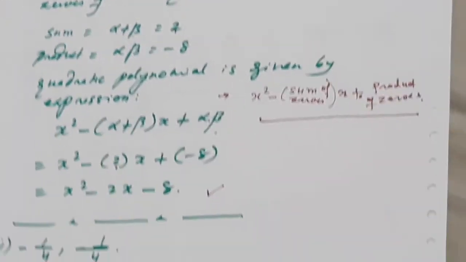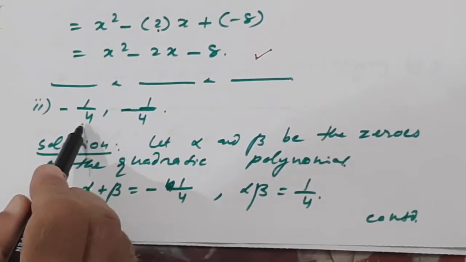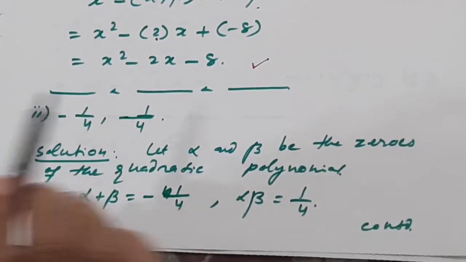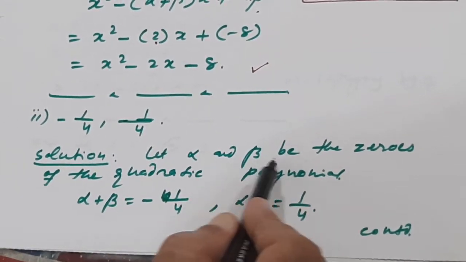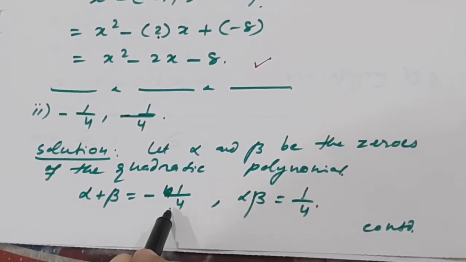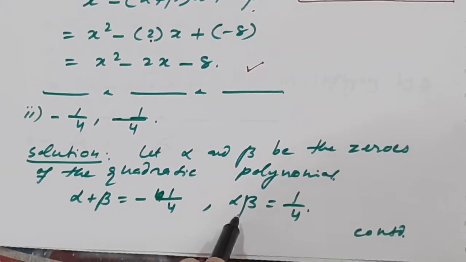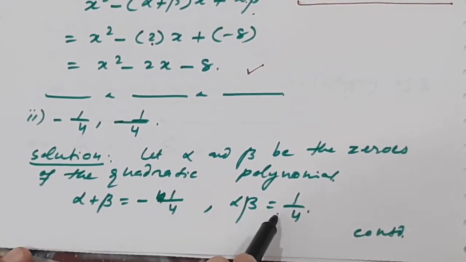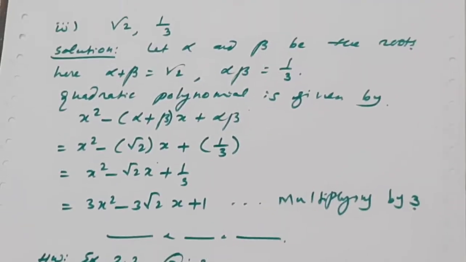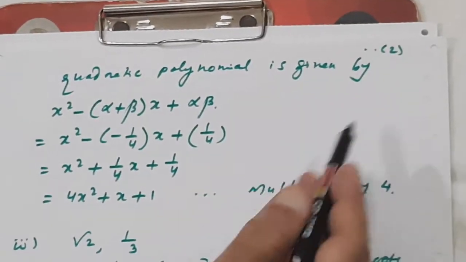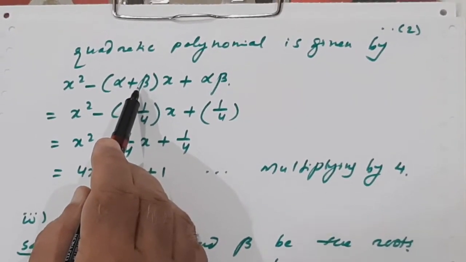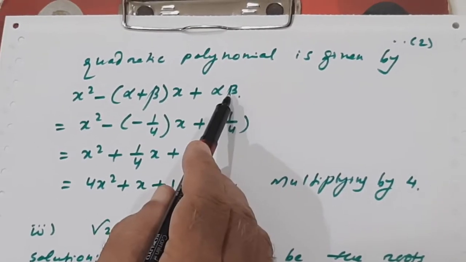Let us take another question. Now the sum is minus 1 upon 4 and the product is 1 upon 4. So let alpha and beta be the zeros of the quadratic polynomial. Alpha plus beta is equal to minus 1 upon 4 and alpha beta is equal to 1 upon 4. Now we'll write this expression. The quadratic polynomial is given by x square minus, in the bracket, alpha plus beta into x plus alpha beta.